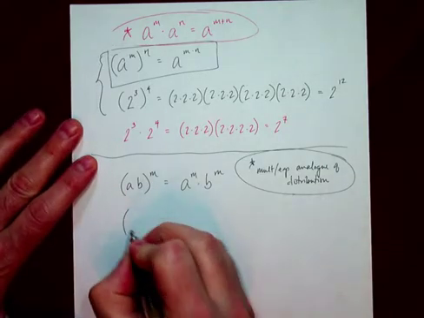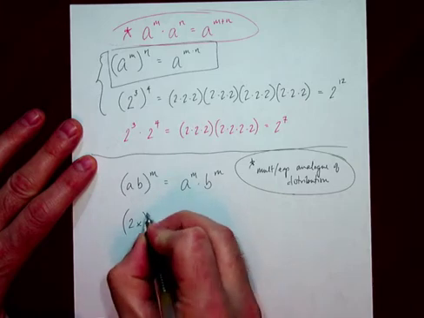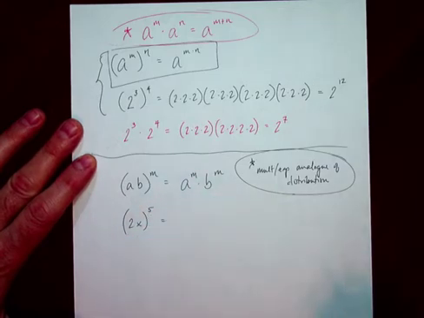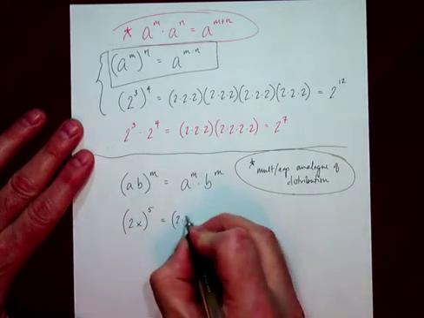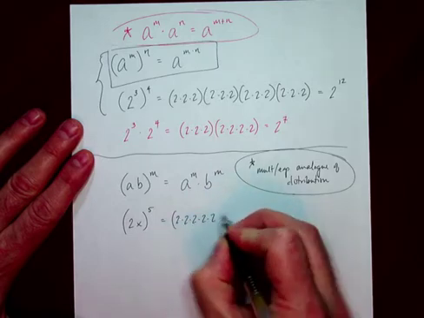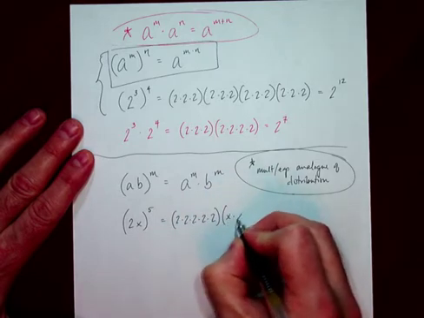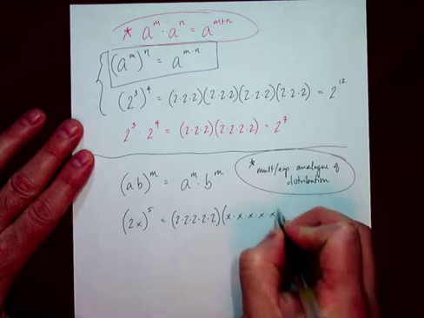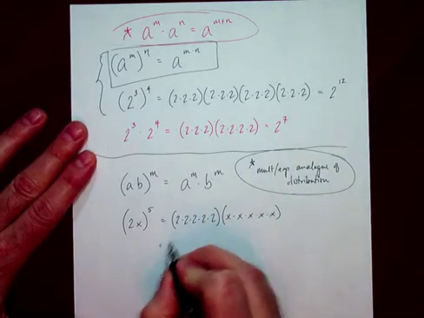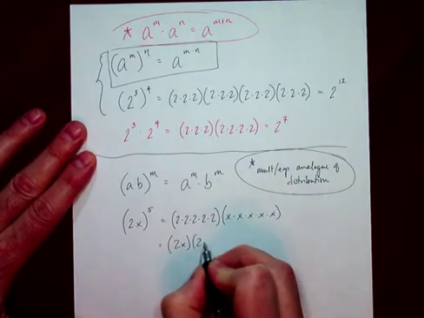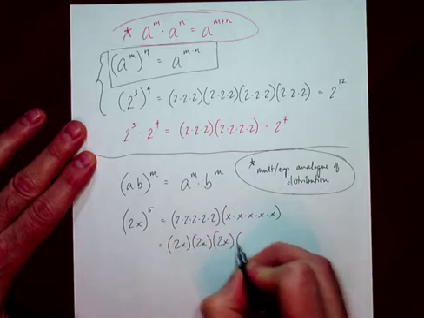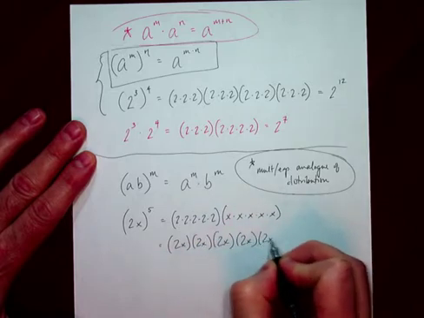But if I have something like 2x to the 5th, that becomes 2 times 2 times 2 times 2 times 2 times x times x times x times x times x, because it was 2x, 2x, 2x, 2x, and 2x.